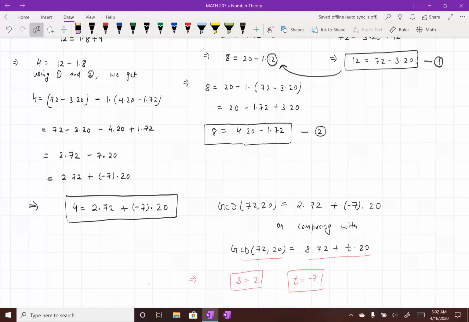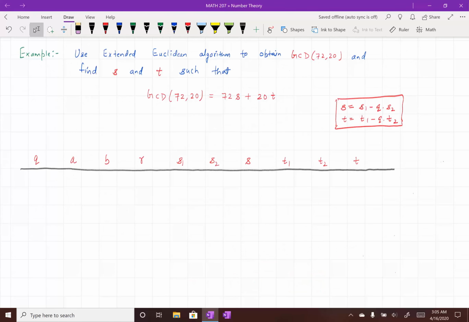First, we compute the GCD of A and B, and in the second step you do the substitution and find the values of those two coefficients S and T. In our next example, we will show the table method to represent the steps of your extended Euclidean algorithm, where we first obtain the GCD of 72 and 20, and then find the linear combination in terms of 72 and 20. That means we are trying to find the values of those coefficients S and T.